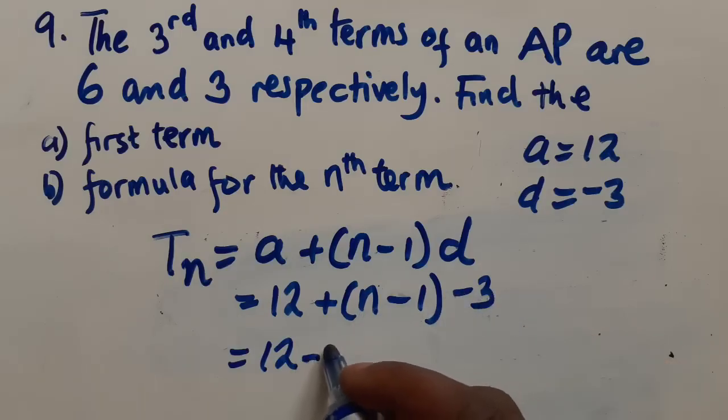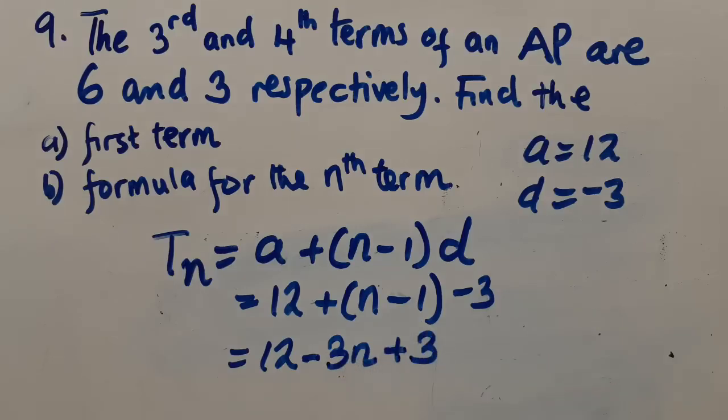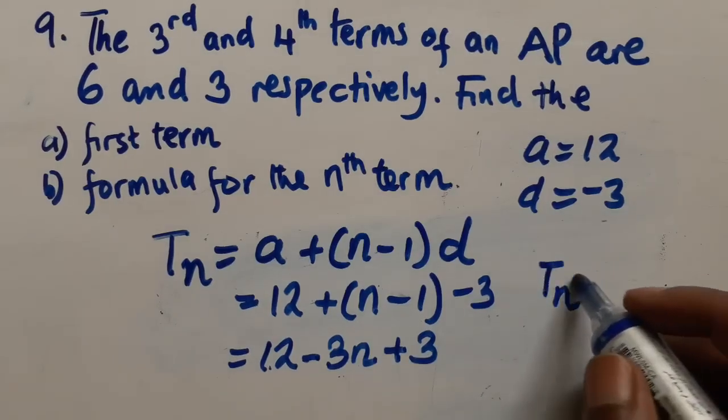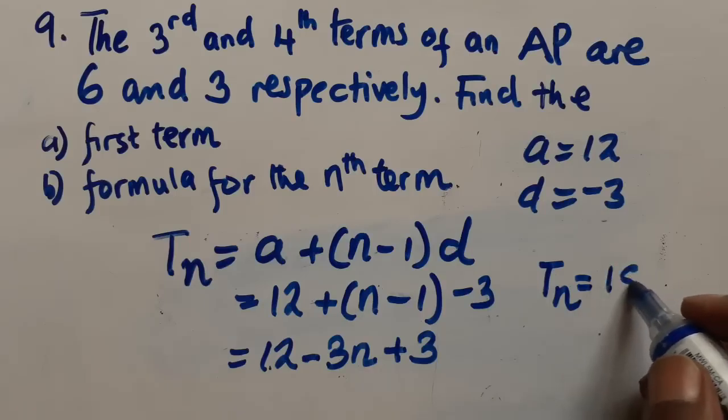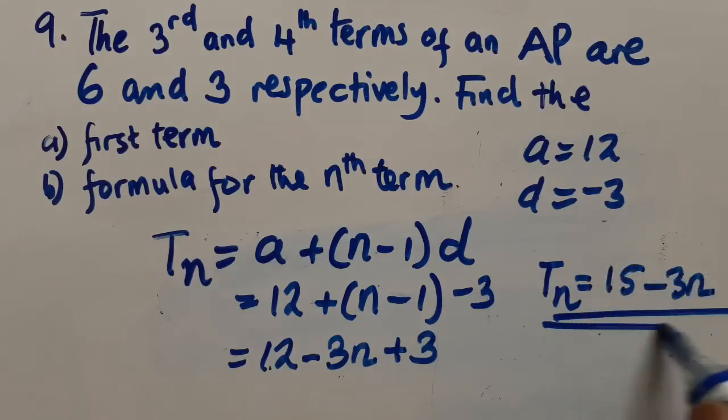So we're going to have 12 minus 3n plus 3. Then you put the like terms together. 12 plus 3, what do you get? So Tn is equal to 15 minus 3n. This is the answer.